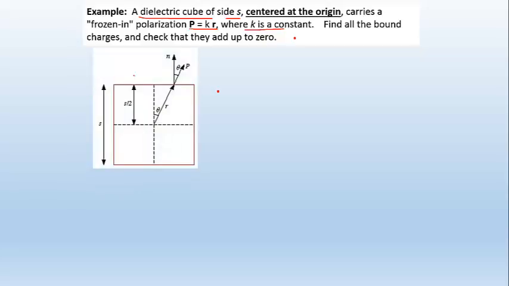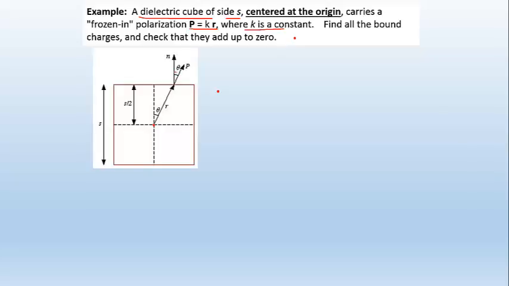So here's our cube, side S. Here's our R vector relative to the origin right here. And theta is defined, of course, as the angle between the z-axis and the R vector. Well, notice at the surface then we have the polarization headed in this direction. We have the unit vector normal to the surface headed in this direction.